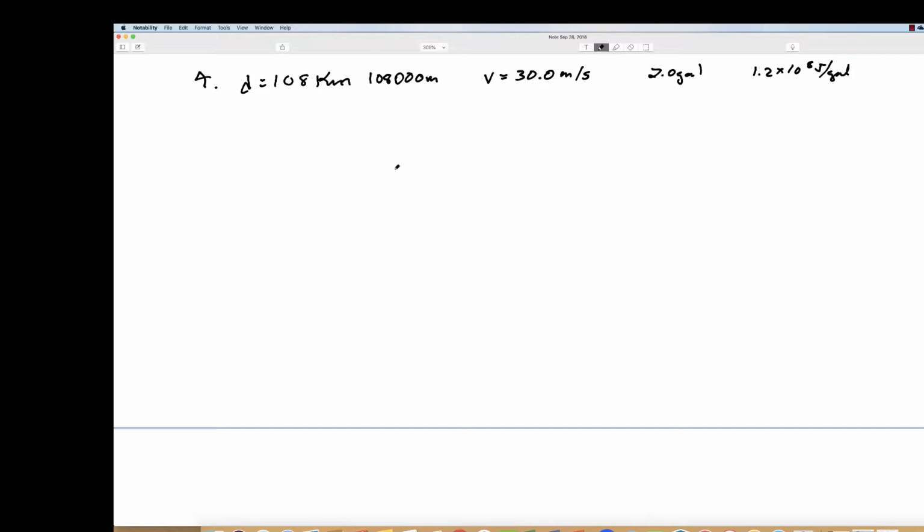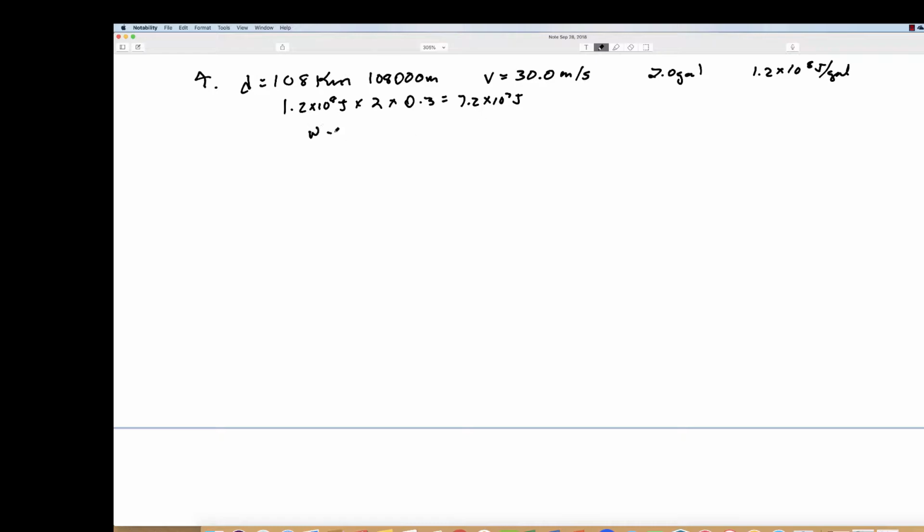And so if we take that, the total energy is going to be 1.2 times 10 to the 8th joules times 2 gallons, times 30% is converted. So if we do all of that, we get 7.2 times 10 to the 7th joules that is available to do this work.